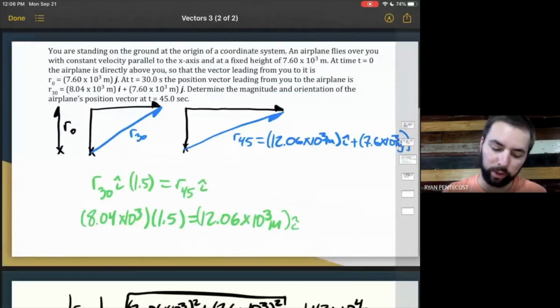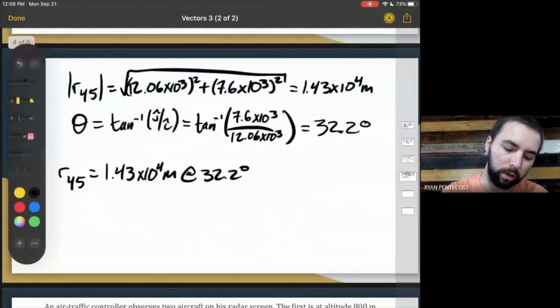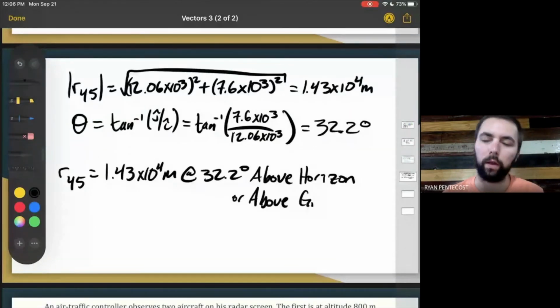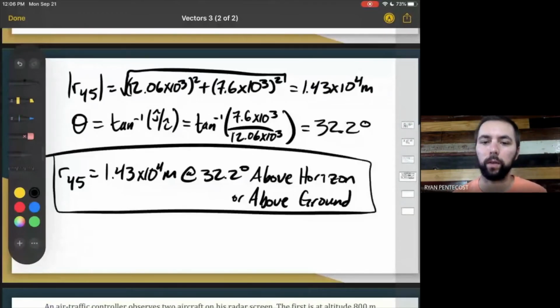So we don't have north, south, east, and west. A couple ways you can say that is you can say that's 32.2 degrees above the horizon, or you can say that is above the ground. Either way is going to be correct. Above horizon is more often used, but if you say above ground, that's not too big of an issue.